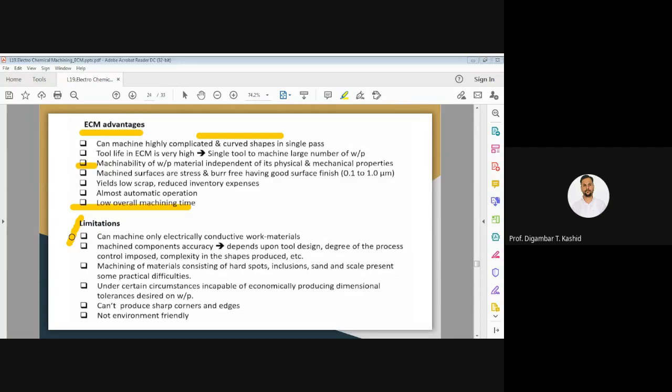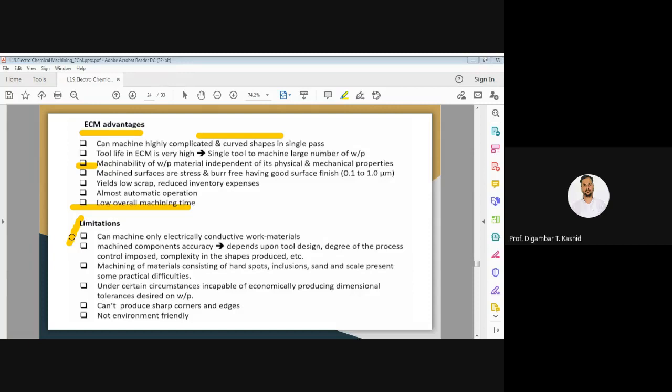Again, in machining of materials, the material may consist of hard spot inclusions, sand and scale, so some practical difficulties are there.